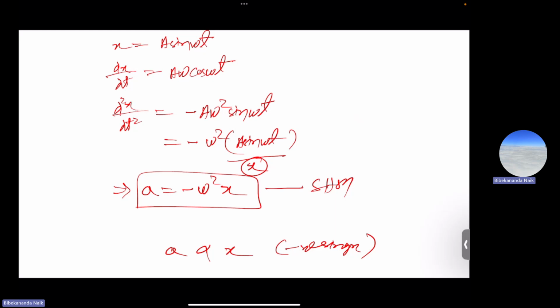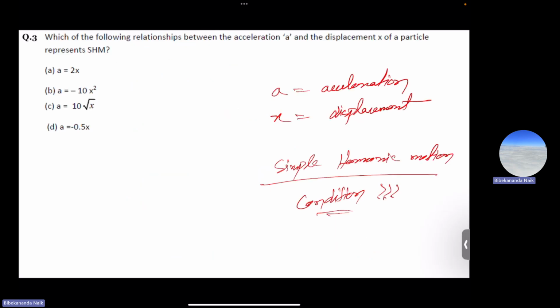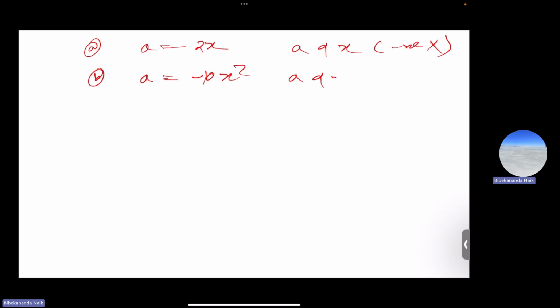So if you see the options, option A, a equals 2x. In this option, a is directly proportional to x but the negative sign is not present. Option B, a equals minus 10x square. Here a is proportional to x square, so again it is not possible.